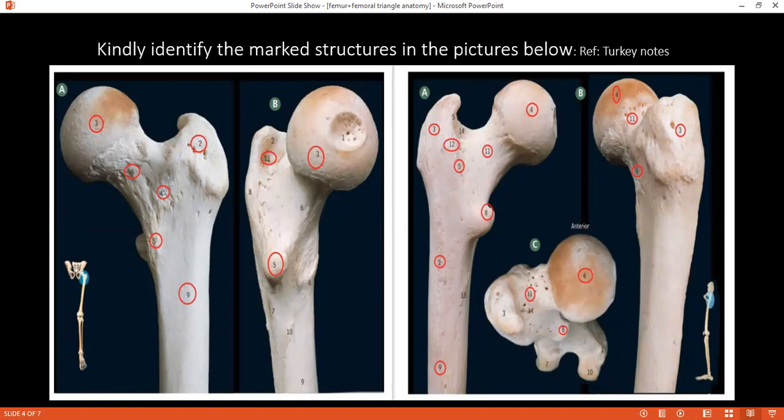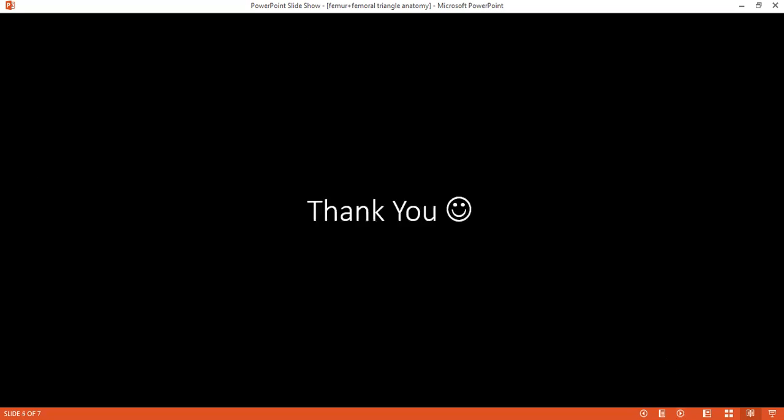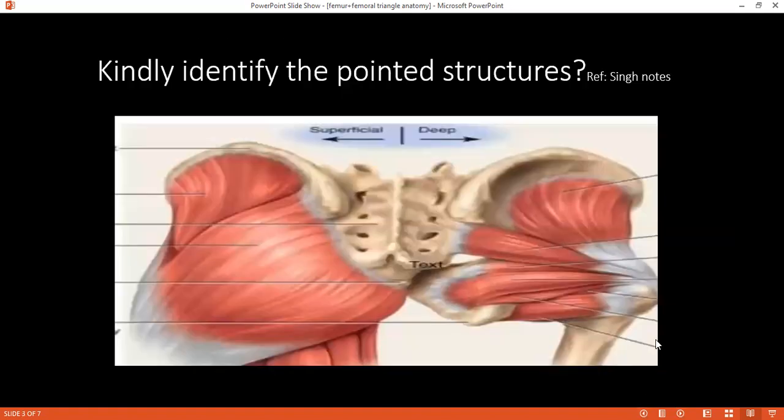Then it comes out of the pelvis through the greater sciatic foramen under the piriformis muscle, and in the gluteal region it lies under the gluteus maximus posterior to the hip joint, and as it goes down it lies between the long head of biceps and adductor magnus, and towards the lower third it divides into common peroneal and tibial nerve.